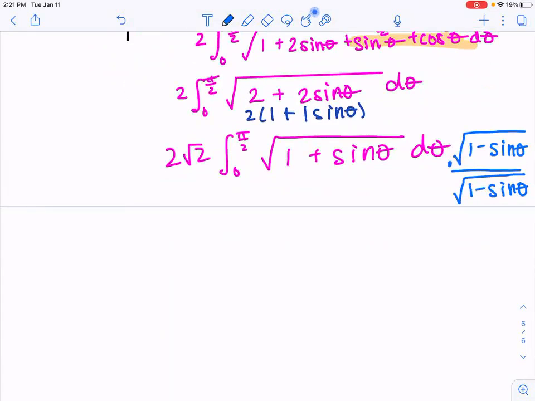Well, we can use the commutative property to rearrange it.